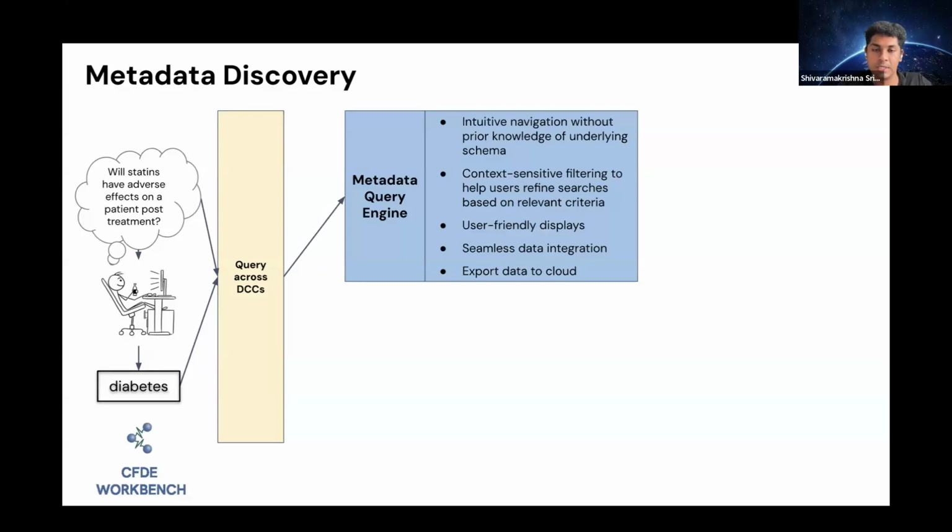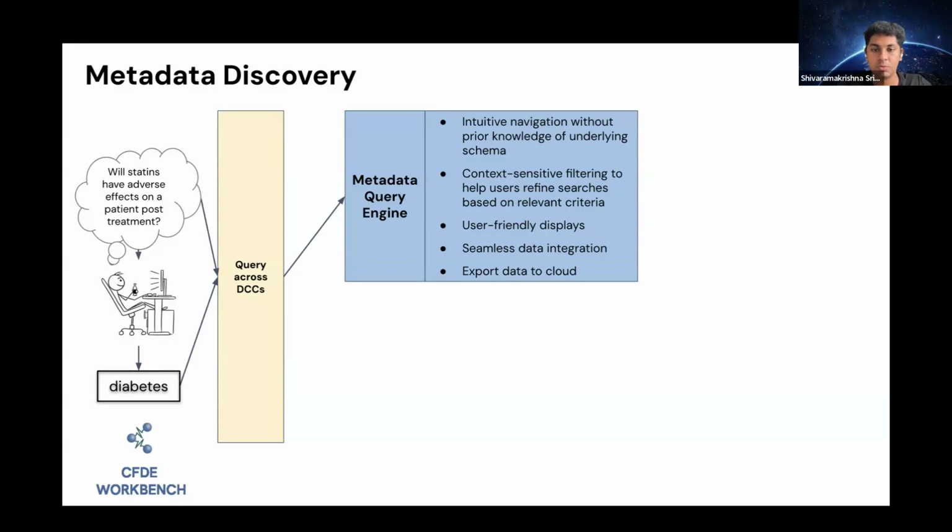So the slide that I explained to you just before this is not something that is necessarily presented to the user, and a much more simplified version of what is present in the schema is what the user sees and is easy to grasp. We also provide context-sensitive filtering to help users refine searches based on relevant criteria.